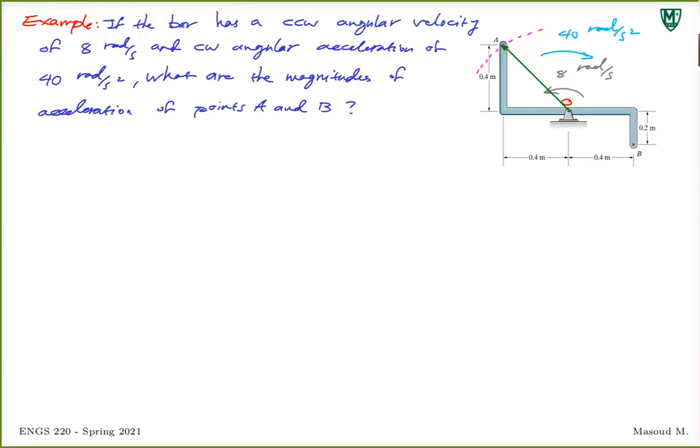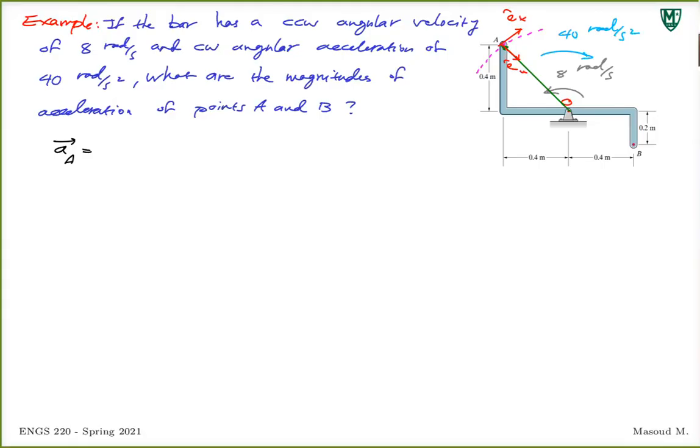So let's write the equation. The acceleration of point A is, and we can put the coordinate there. This would be the tangent direction, this would be the normal direction: e_t, e_n.